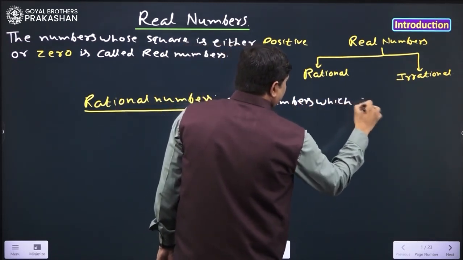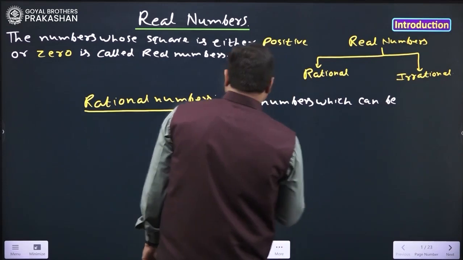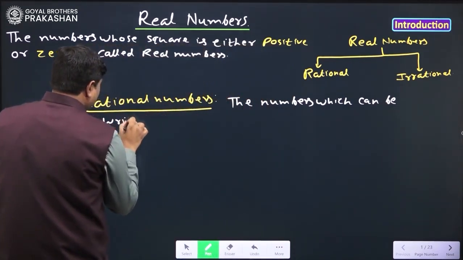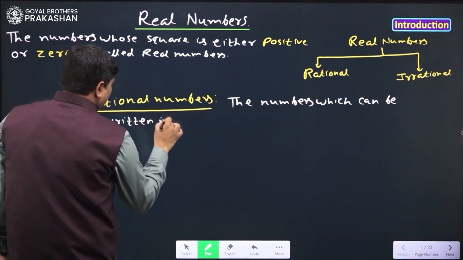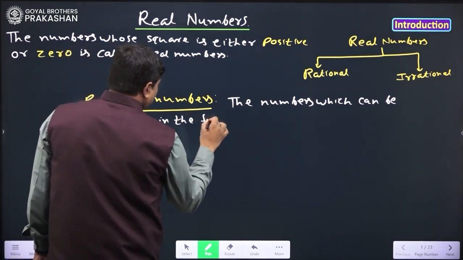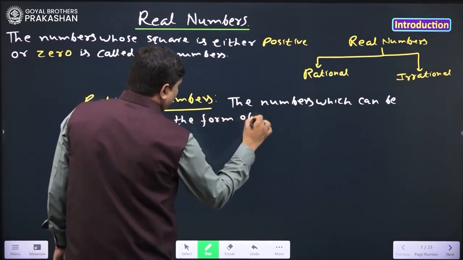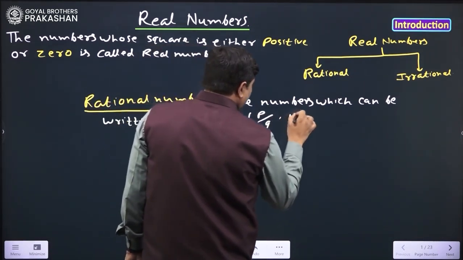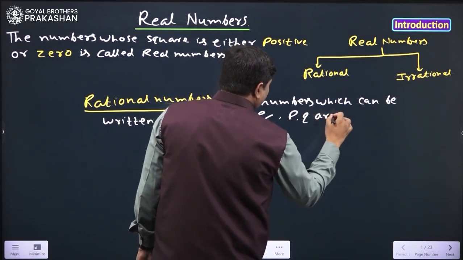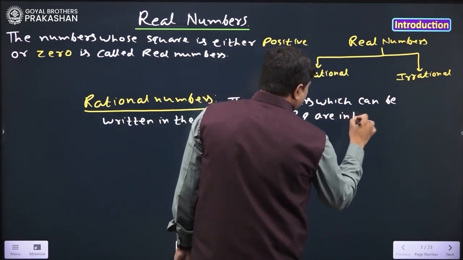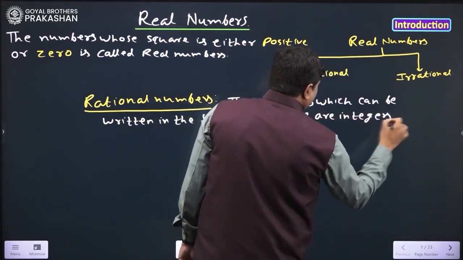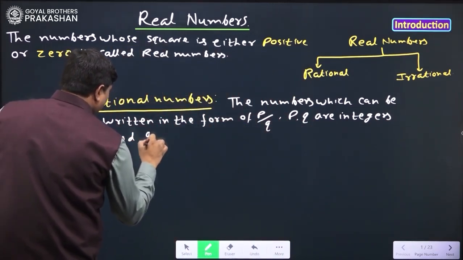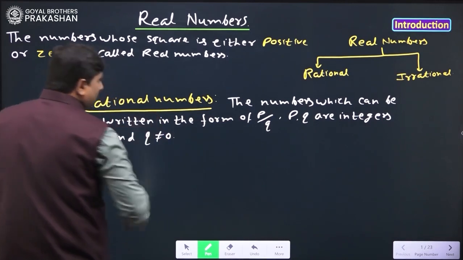The numbers which can be written in the form of P by Q, where P, Q are integers and Q is not equal to 0.